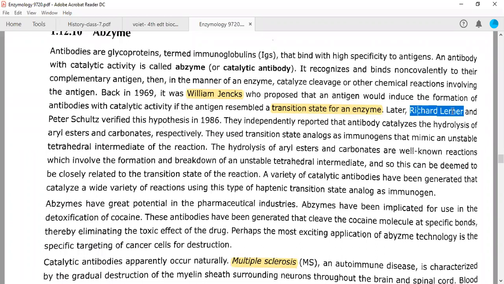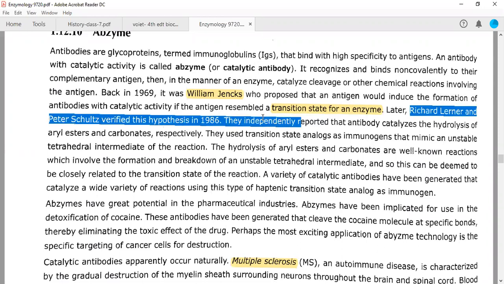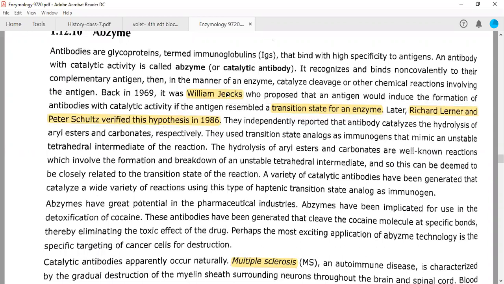Later, other scientists, Richard Lerner and Peter Schultz, verified this hypothesis, and they said this is correct and this can happen. This hypothesis was verified in 1986, so you can see there is a gap of many years between 1969 and 1986.